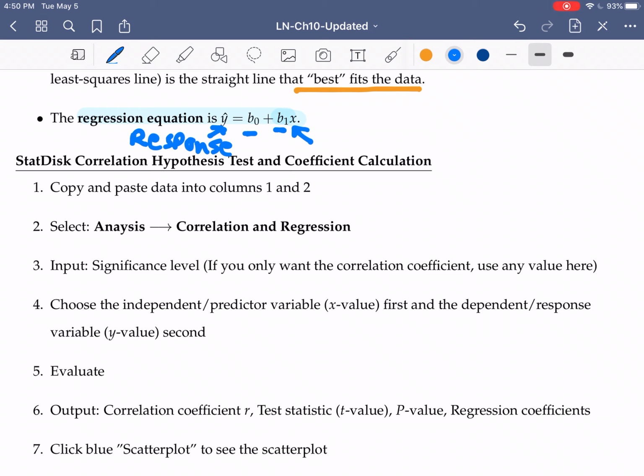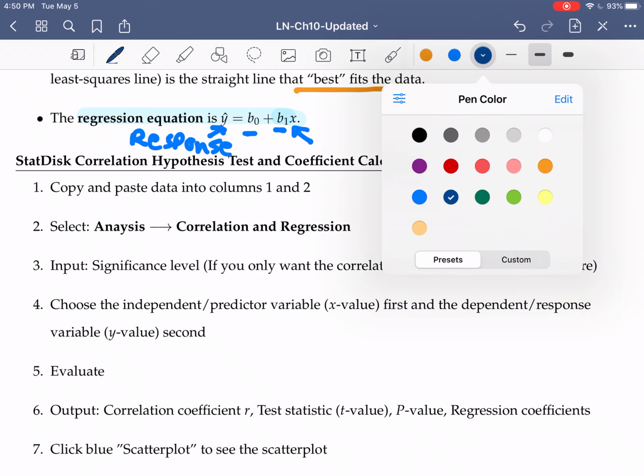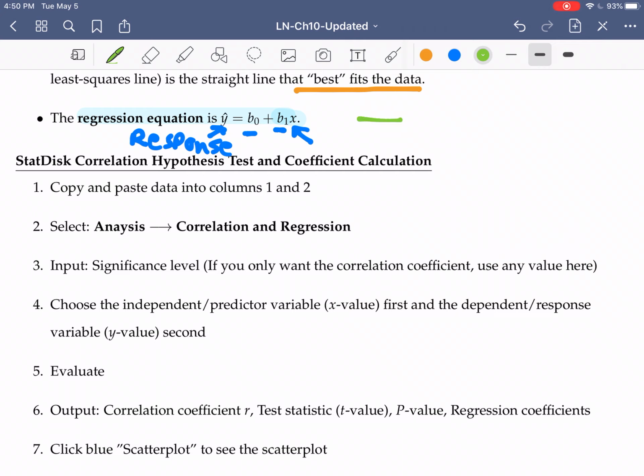This regression equation that we get is good over the range of x values, or the domain of x values.